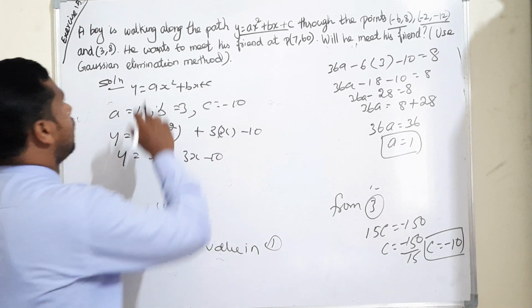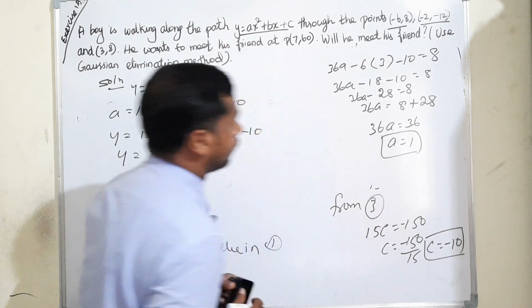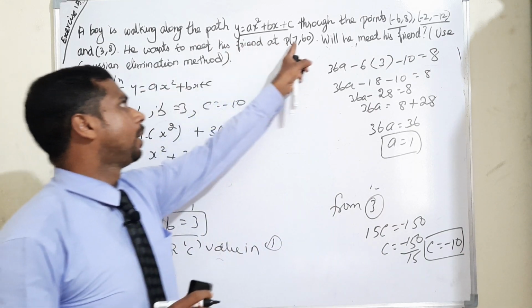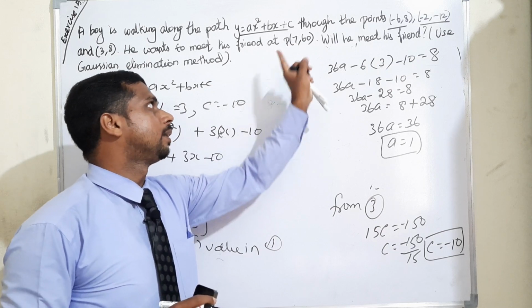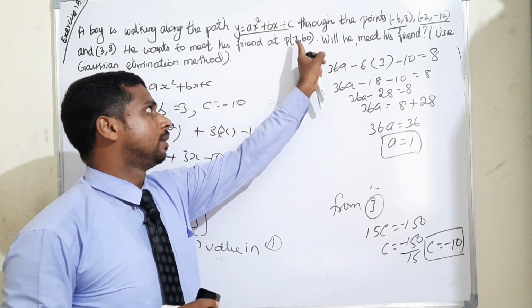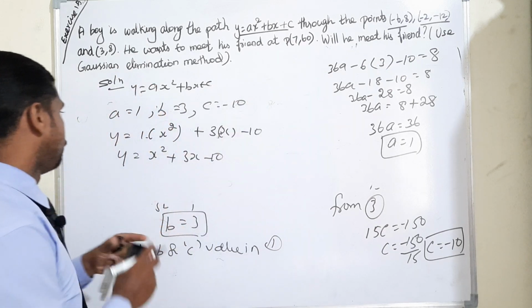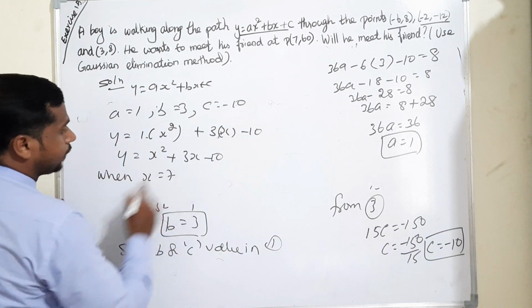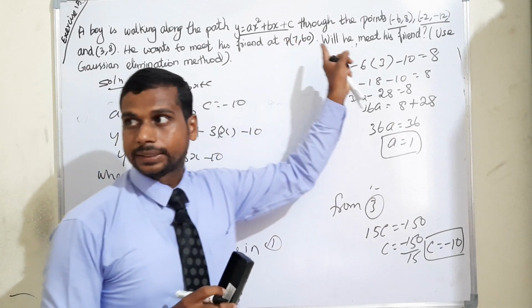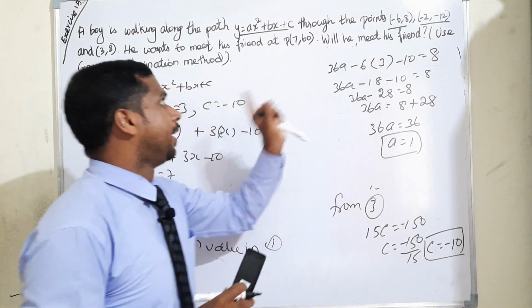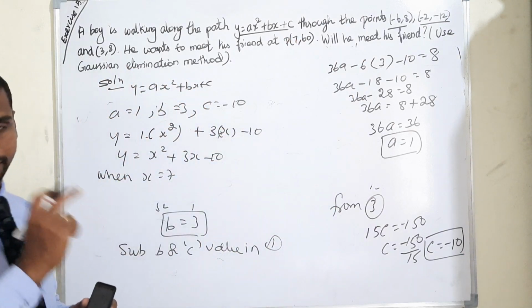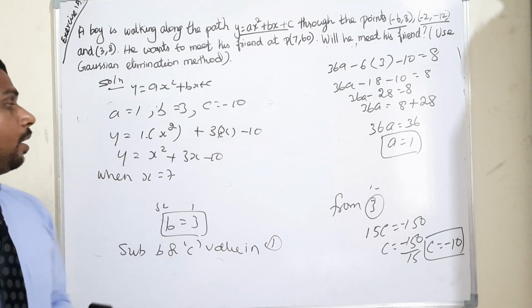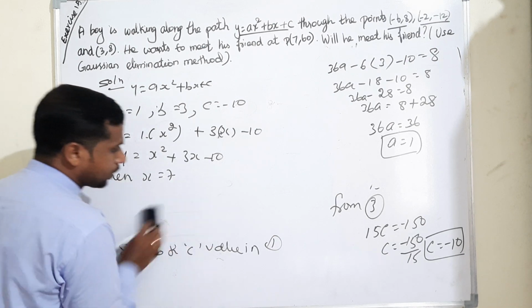But he wants to meet his friend along the path. One of the coordinate points is there, x is equal to 7. What answer do we have? If we apply x equal to 7 and get the result positive 60, then definitely we can say yes, the friend he can meet. We have to check whether he can meet or not.